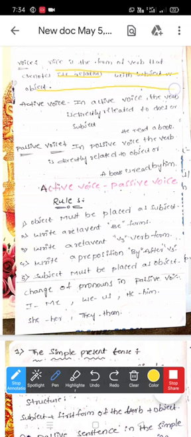Means voice is the form of verb, that denotes its relationship with a subject or object in the sentence.